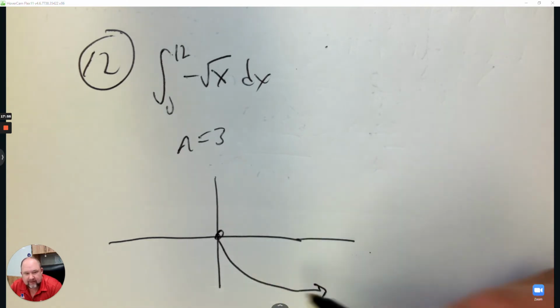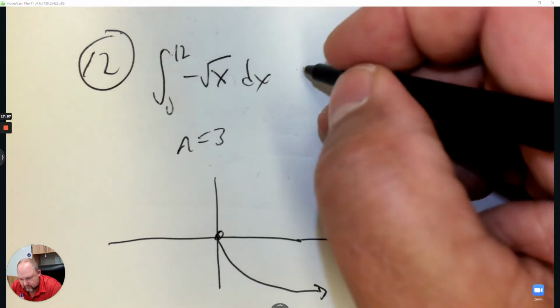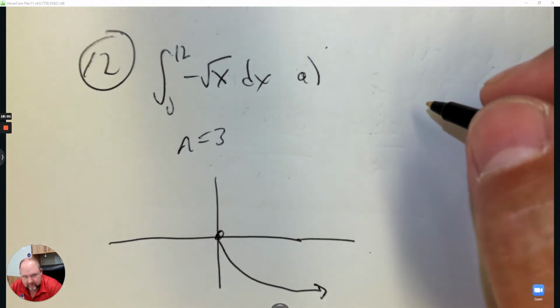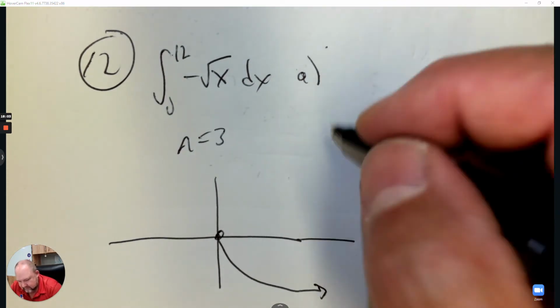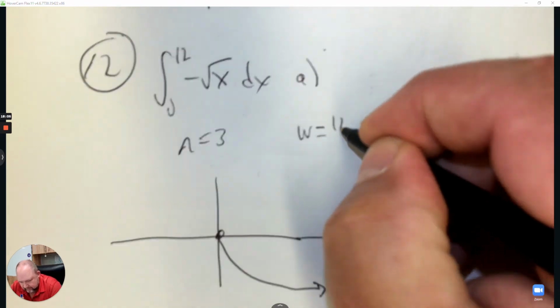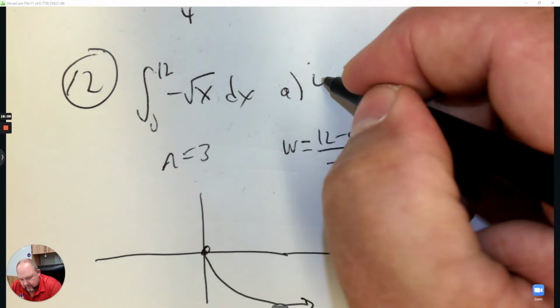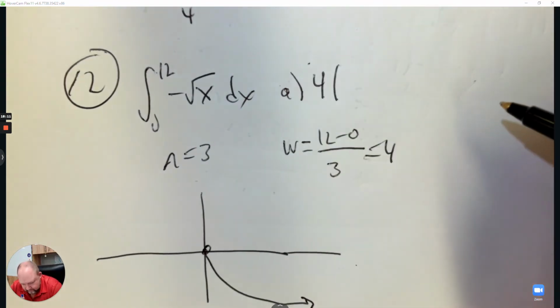We're going to use rectangles or trapezoids to do it. So in part A, if I'm using a midpoint Riemann sum from 0 to 12, the width would be 12 take away 0 divided by 3. So we'd start with 4.